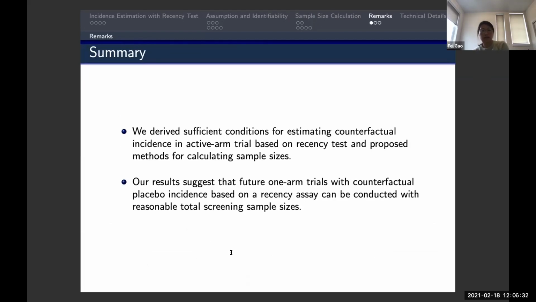To summarize, in this project we have derived sufficient conditions for estimating counterfactual incidence in active arm trials based on recency tests and proposed methods for calculating sample sizes. Our results suggest that future one-arm trials with counterfactual placebo incidence based on recency assay can be conducted with reasonable total screening sample sizes.